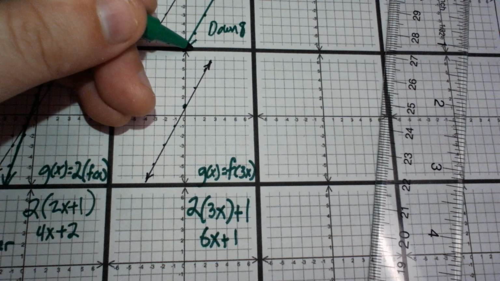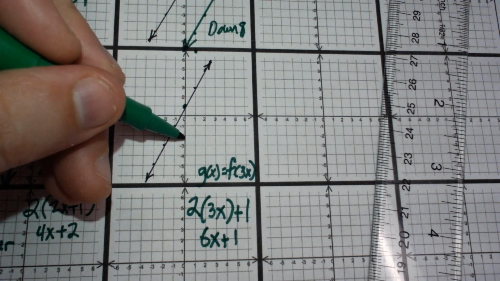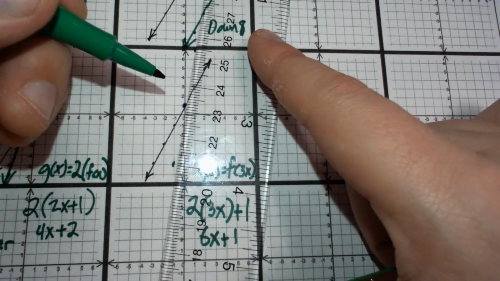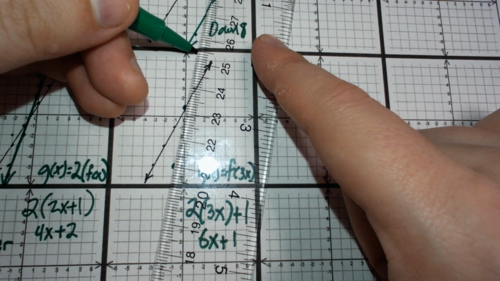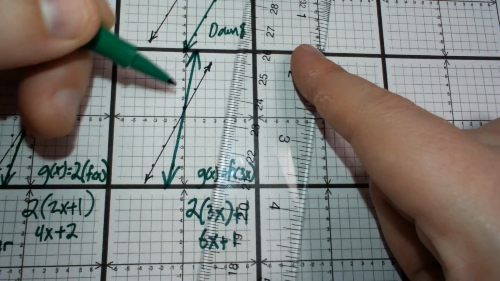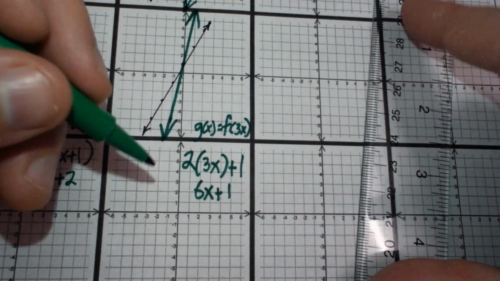I'm just going up 6 over 1, so it'd be somewhere around there. Giving me a couple points. And because my slope increased significantly there, it gets a lot steeper. But getting steeper is all that really does happen there.